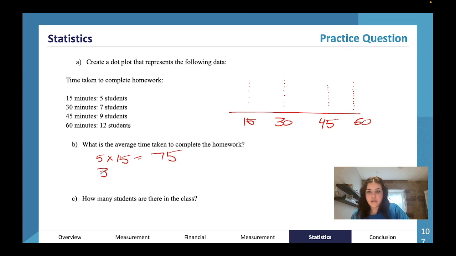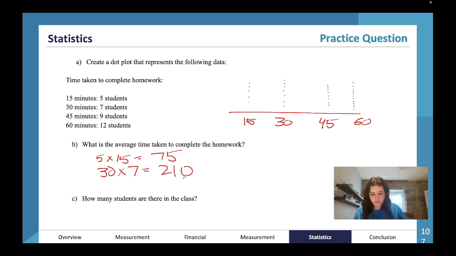Then we've got 30 times 7. Hang on, let me just think about what I'm doing here before I send you down a stupid path. 30 times 7. We've got 210 minutes.